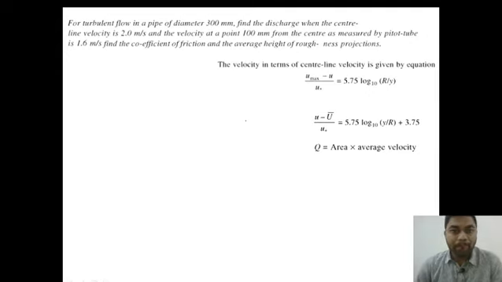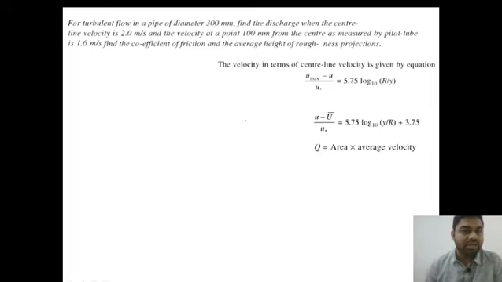For the turbulent flow in a pipe of diameter 300 mm, find the discharge when the center line velocity is 2 meter per second and the velocity at a point 100 mm from the center as measured by pitot tube is 1.6 meter per second.